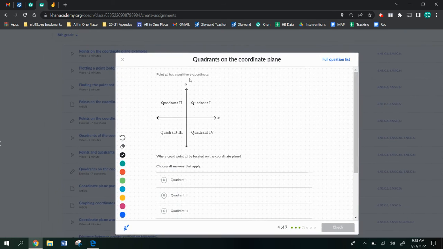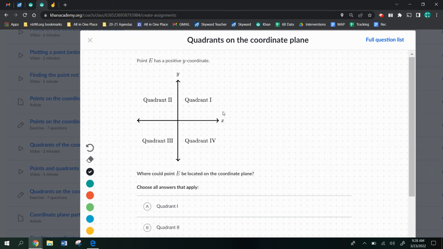Point E has a positive y coordinate. So again, points are always x, comma, y. They don't tell us anything about x, so that can be any number. But they tell us y is positive. Y is positive.